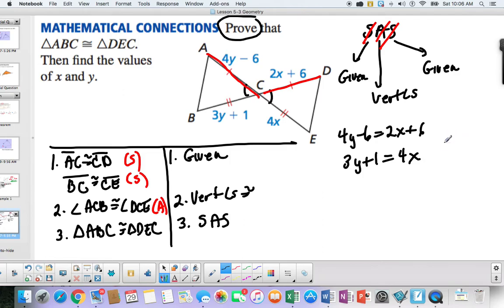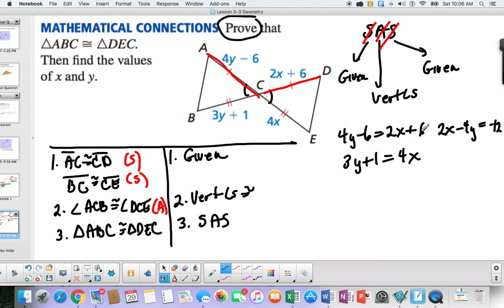There's a variety of ways you can solve this. One, you can solve for x and then put x in, or you can do the elimination method where we put x and y on one side and the number on the other side. And I think that's what I'm going to do. I'm going to put 2x, and then when I subtract 4y, I'm going to have a negative 4y equals, and then I'm going to subtract 6 on both sides, negative 12.